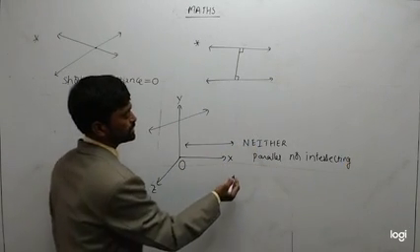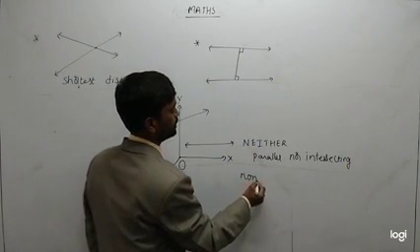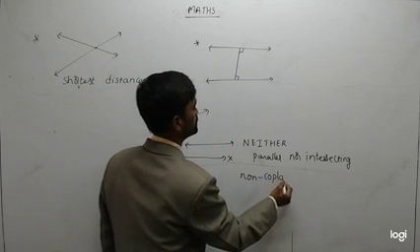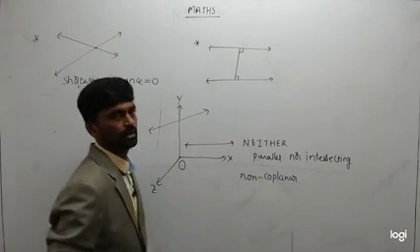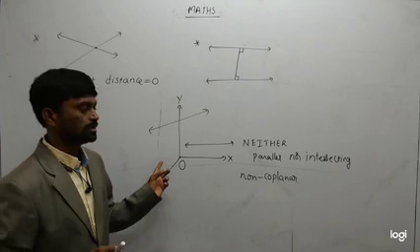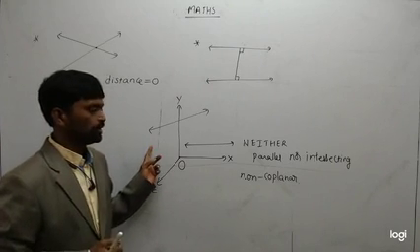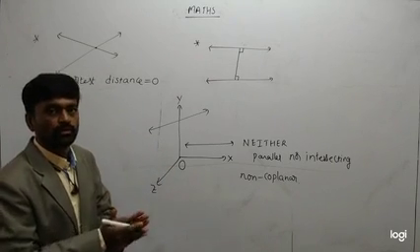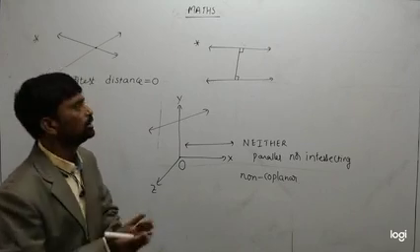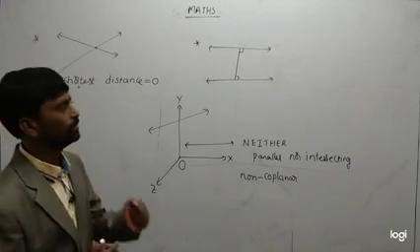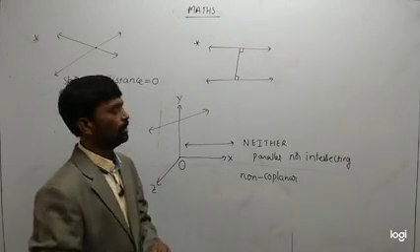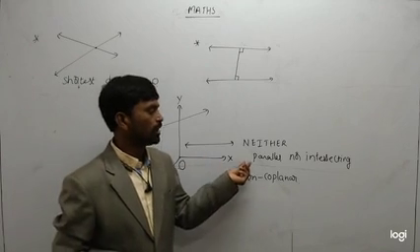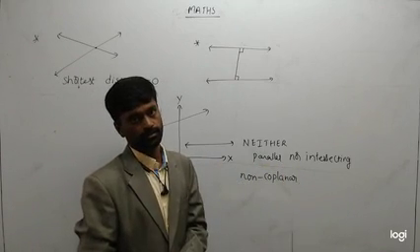So obviously such lines are non-coplanar. Okay. So what is the third additional case? If you take a pair of lines in three dimensions, the lines either may be intersecting or parallel, or they may be neither parallel nor intersecting.